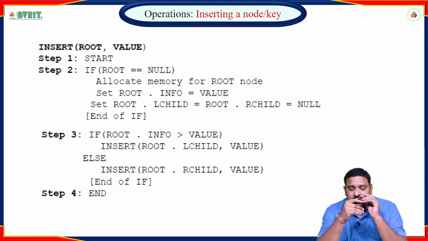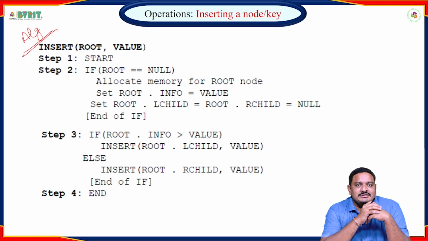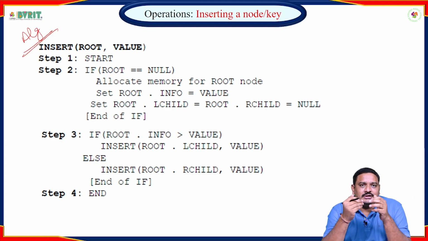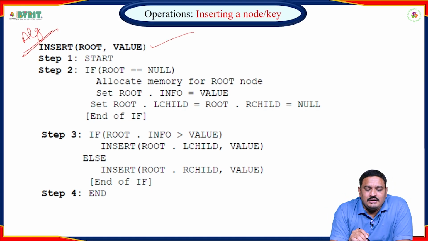See the algorithm for inserting a node into the binary search tree. See what the different steps are for inserting a key. First, we see inserting elements: insert(root, value). First step, start.